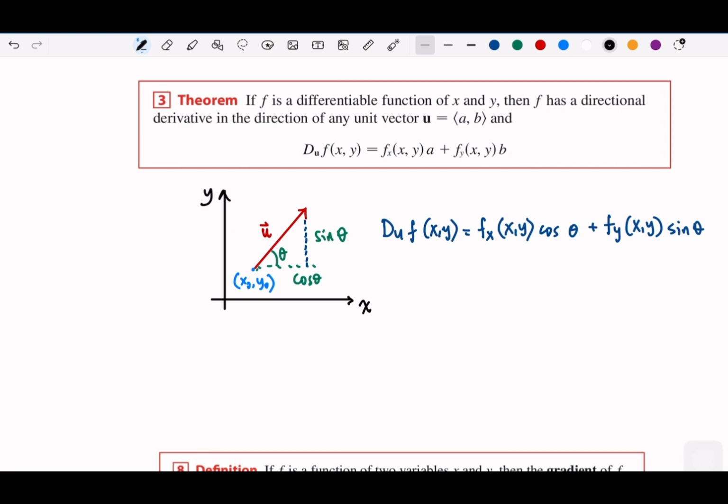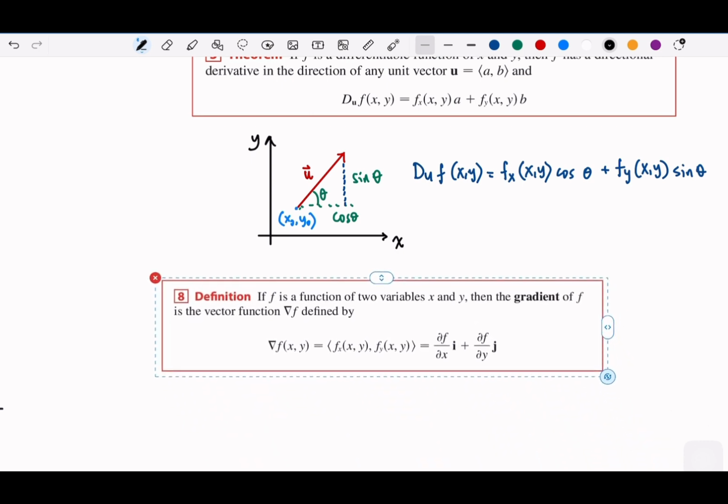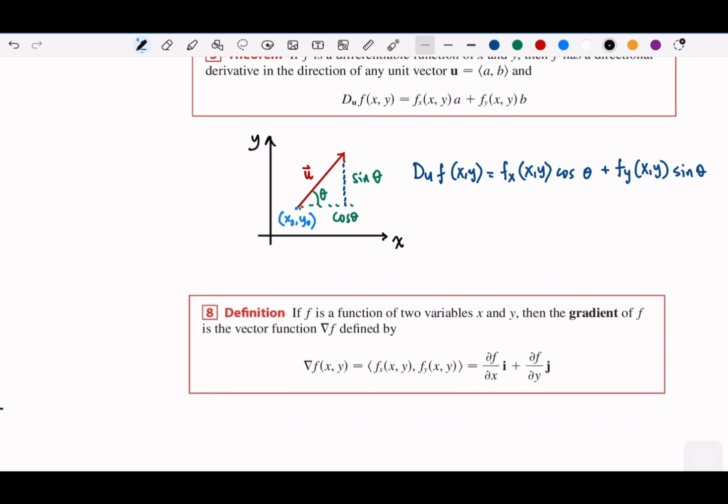Another connection of this directional derivative is basically using the gradient vector. Okay. What is the gradient vector? The gradient vector is basically, we have this inverted triangle, which we call the del.